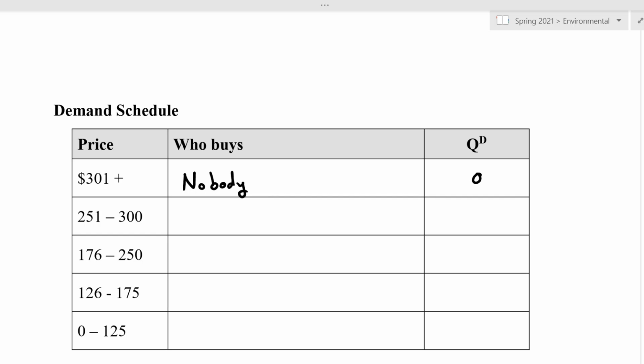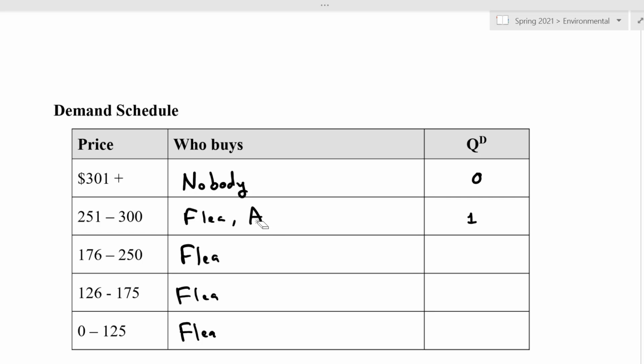So the quantity demanded is 0. Flea was willing to pay up to $300. Next was Anthony, and he was only willing to pay $250. So Anthony is not in, but Flea is in this price range, the only one. So the quantity demanded is 1. If Flea would buy it for $251, he would definitely buy it for cheaper. So actually, we know Flea is going to be in at any lower price.